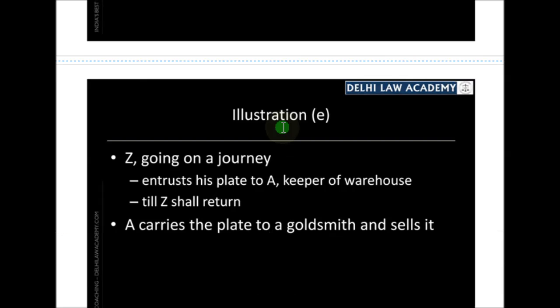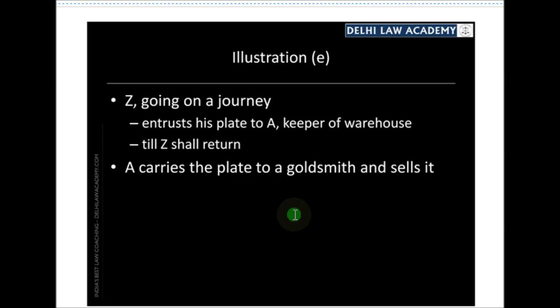Moving on to the next illustration. This is a similar illustration. Z is going on a journey, entrusts his plate to A, keeper of a warehouse, till Z shall return. But thereafter, A carries the plate to a goldsmith and sells it.